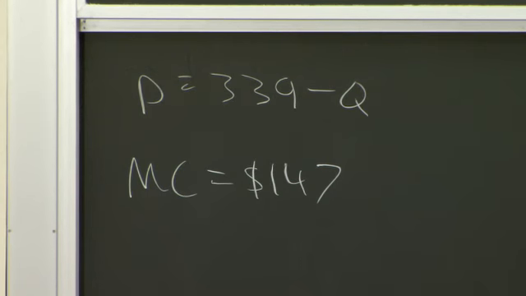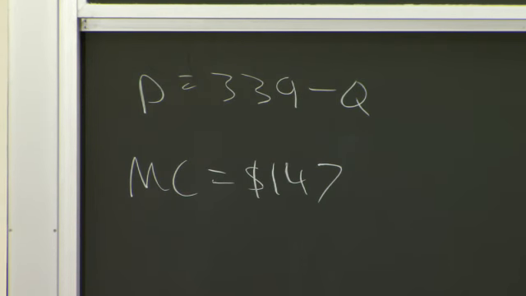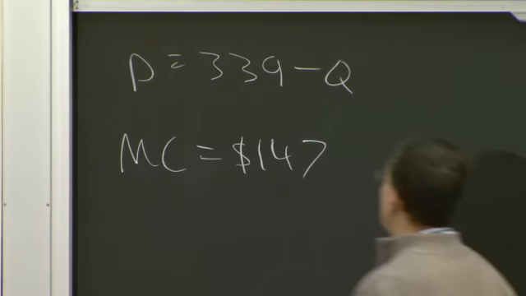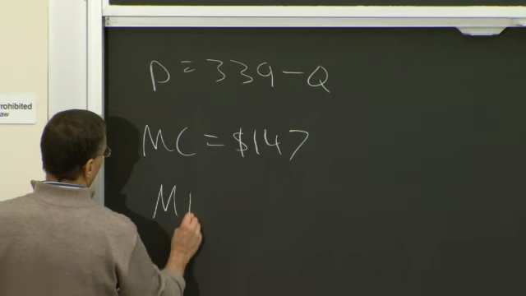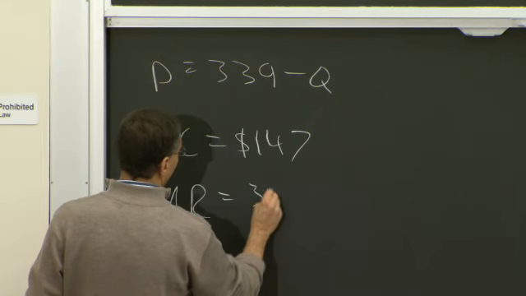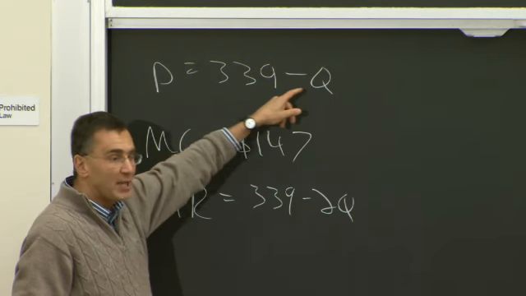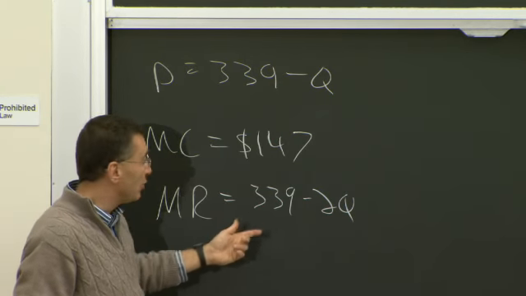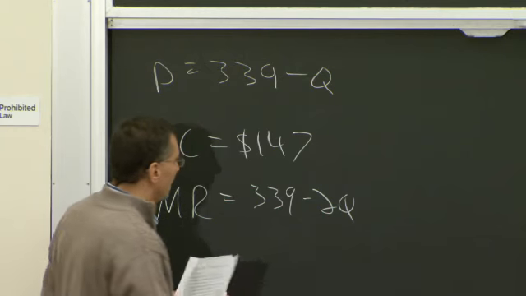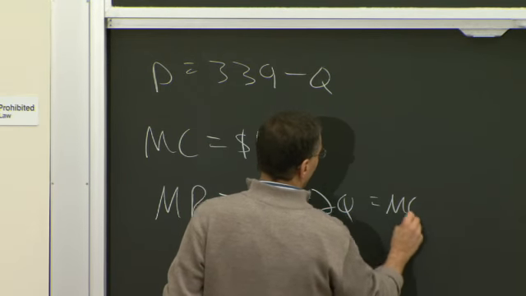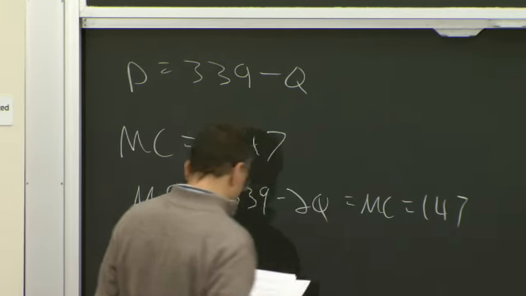So what would American Airlines do if it was a monopolist? It would set marginal revenue, which is 339 minus 2Q, by the same math we did before. You multiply through by Q and then differentiate, and you get 339 minus 2Q, equal to the marginal cost, which is 147.